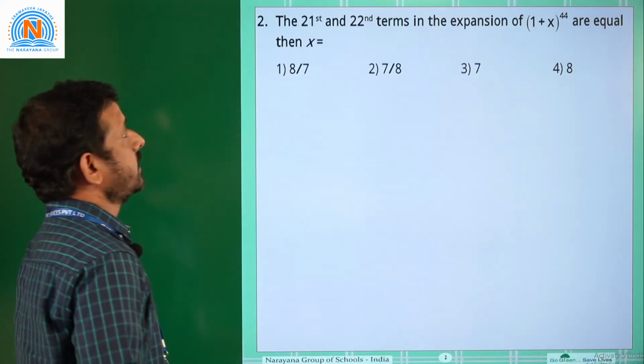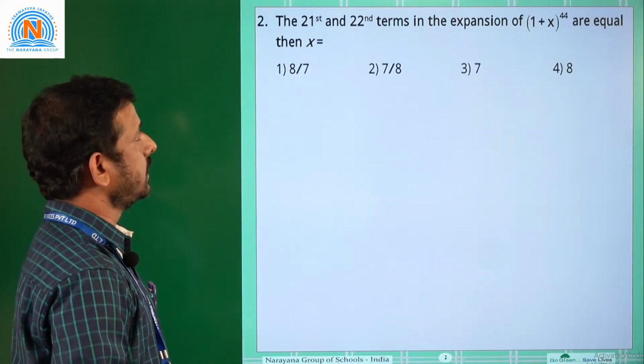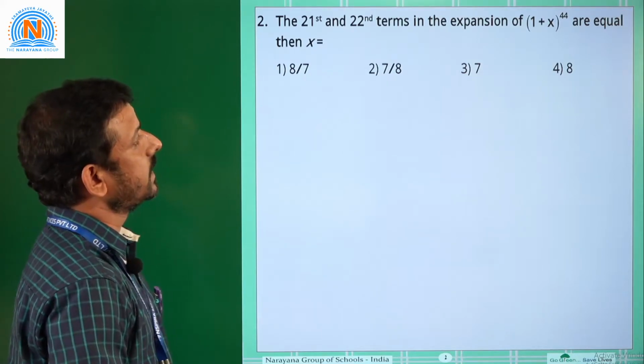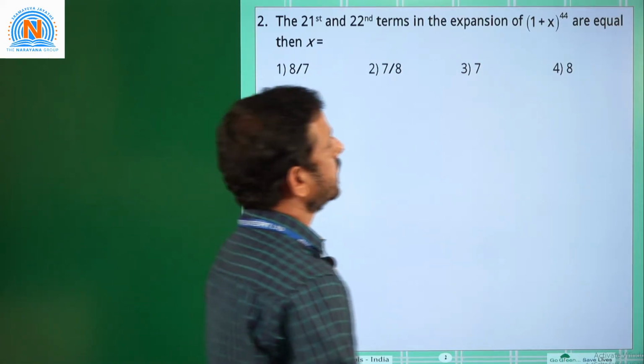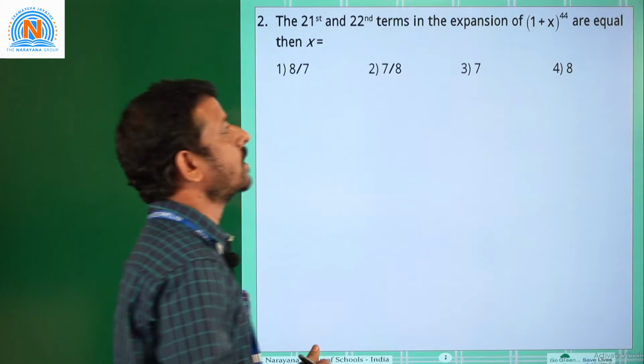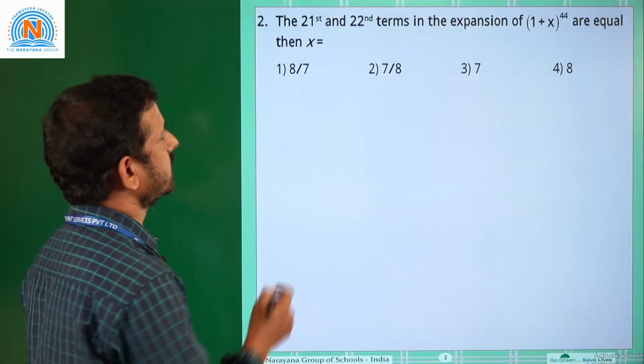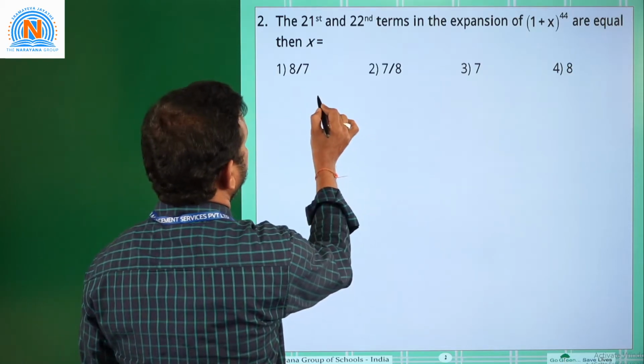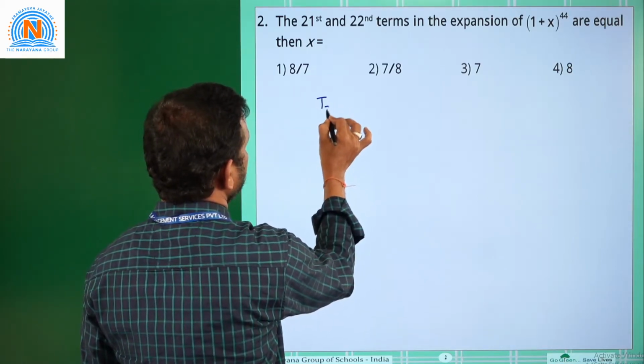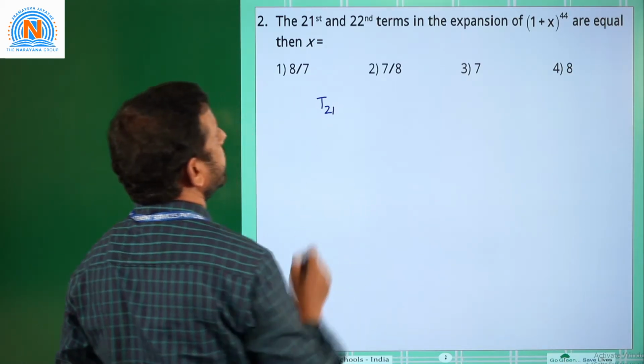Now the next question is given as: the 21st term and 22nd term in the expansion of (1 plus x) whole power 44 are equal. What is your 21st term? We need to find T21.